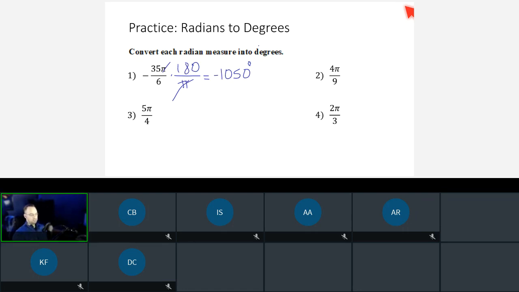All right. I saw Julia wanted to do one. So Julia, do number 2. Antonio, number 3. Katie, number 4. Don't worry, there'll be more on the next page or two.